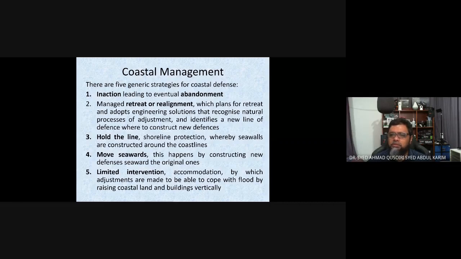Secondly, is to retreat or to realign, meaning that we will use engineering solutions and identify a new line of defense where to construct new defenses, meaning that we would move a bit inland and start a new coastal protection in that location.